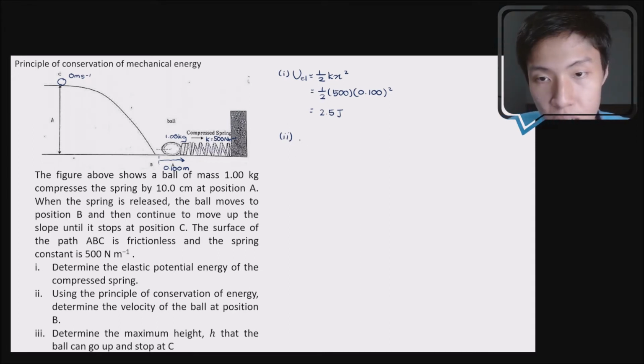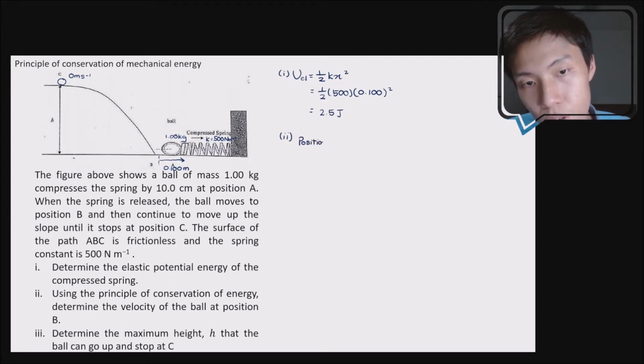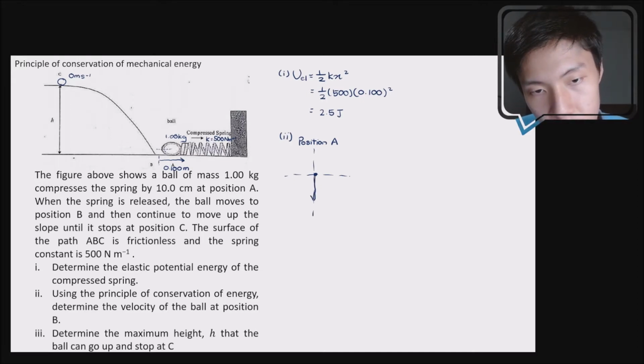So for position A, if you draw a free body diagram for the ball at position A, you have your axis. Then at that point, this ball has mass, so it has weight. Then this ball is touching the surface, therefore it has normal force.